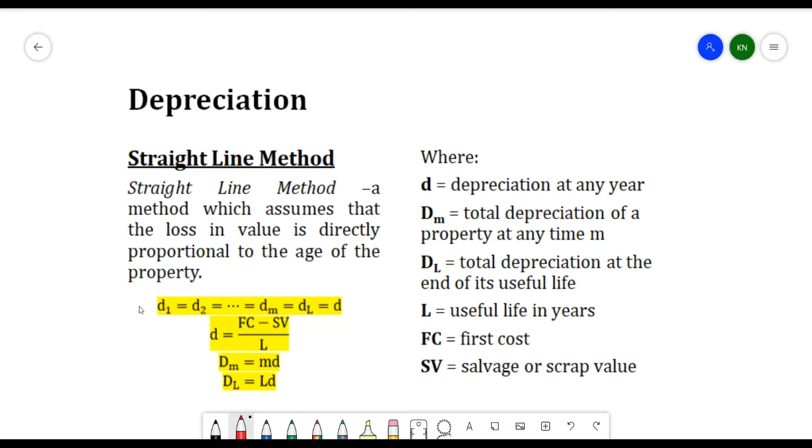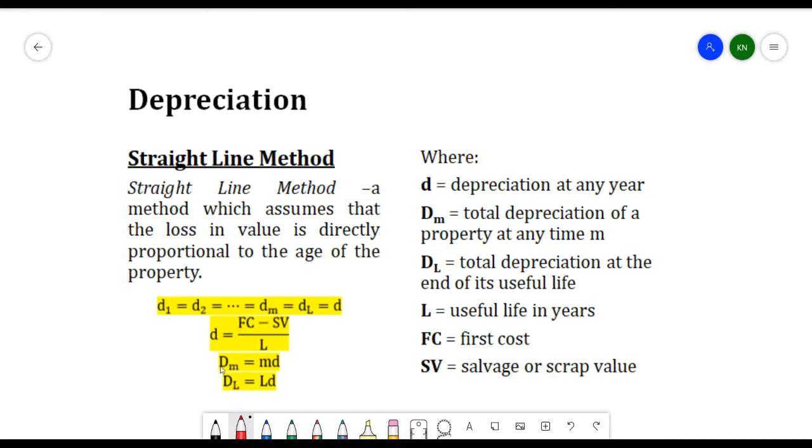Here are the additional equations that we will be using in solving for the straight line method. Depreciation 1 is equivalent to depreciation 2. In order to get the depreciation value, D equals FC minus SV all over L, where FC is the first cost, SV is the salvage or scrap value, and L is the useful life in years.